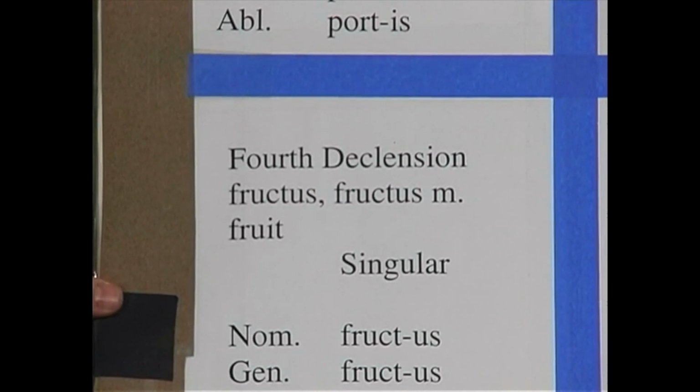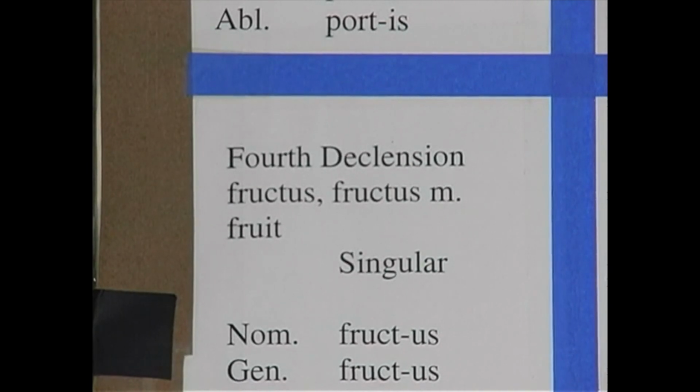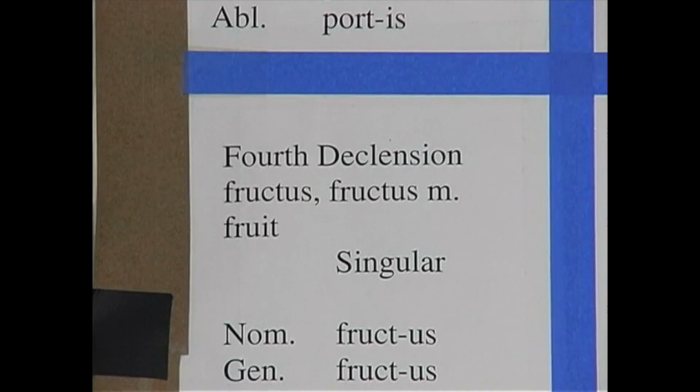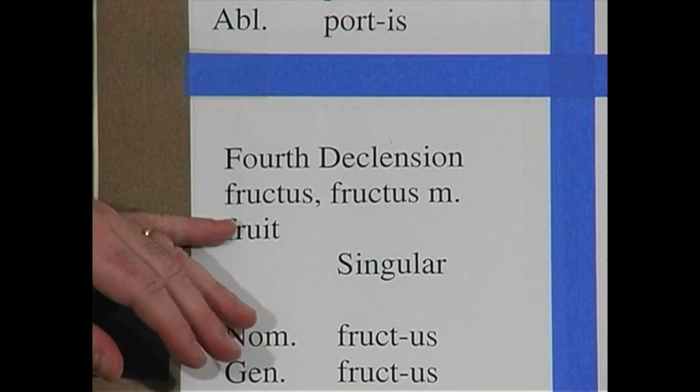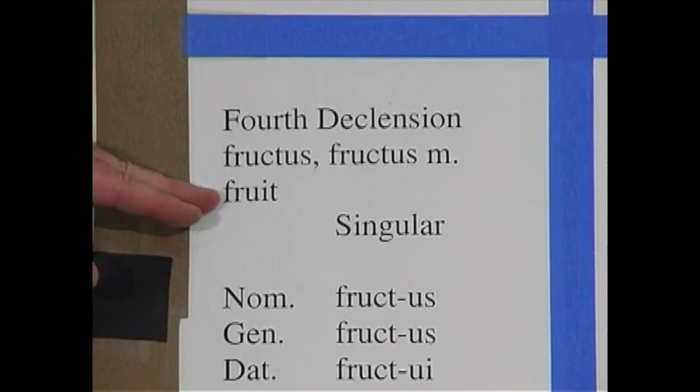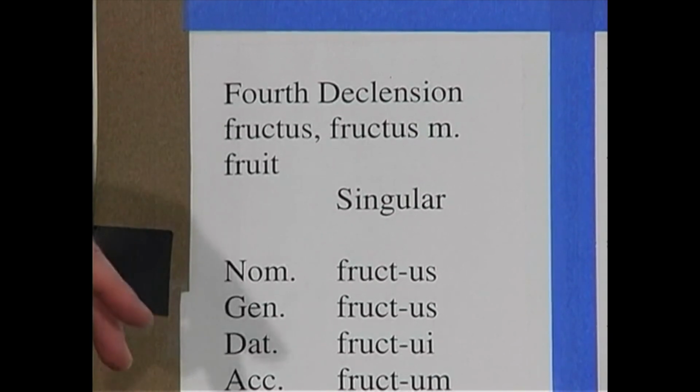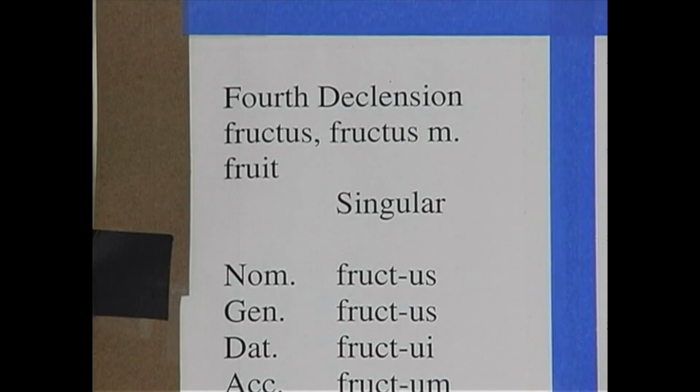The fourth declension is unique in that it has a characteristic vowel, namely the vowel u, that appears throughout the declension. The fourth declension has masculine and feminine nouns as well as neuter nouns.